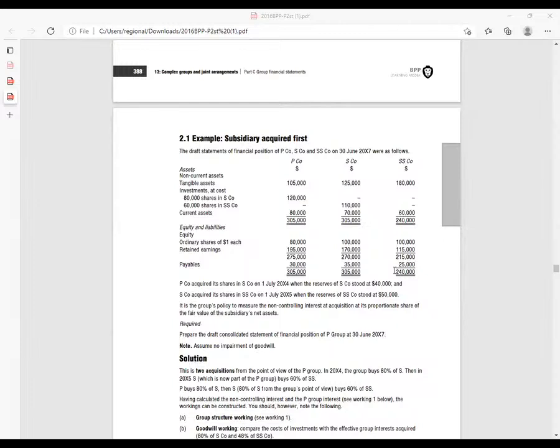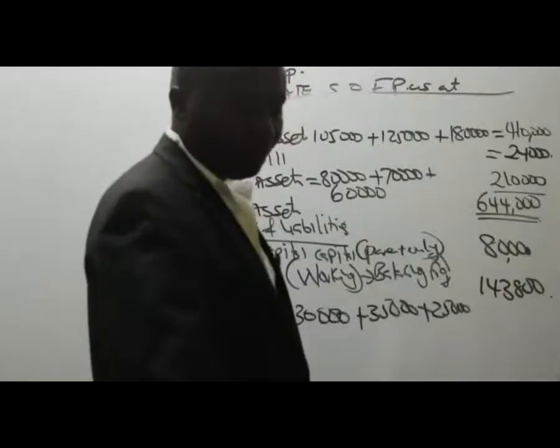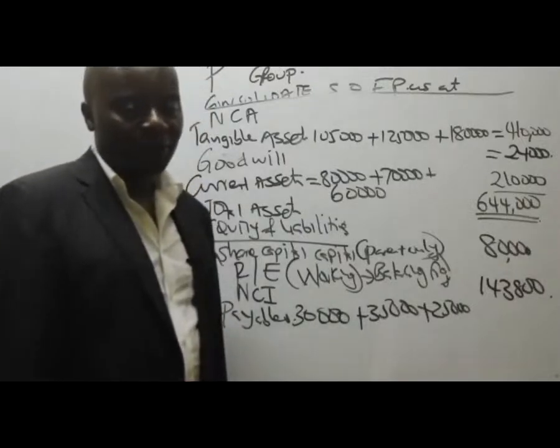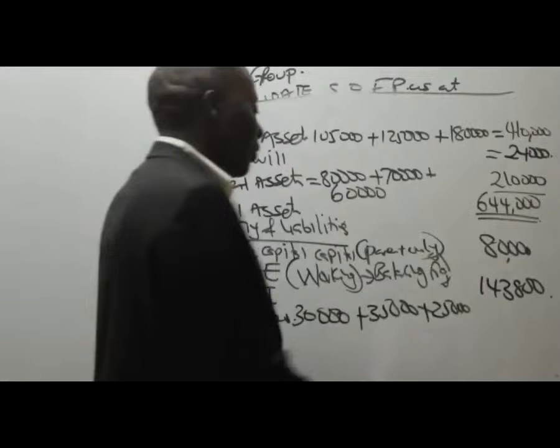We are only consolidating, so we have 30,000 plus 35,000 plus 25,000. That will give me what figure for payables? So 90,000. Thank you very much.